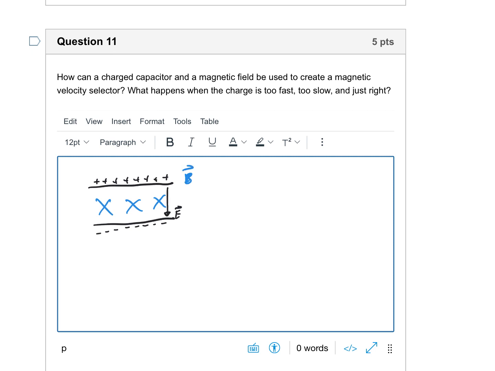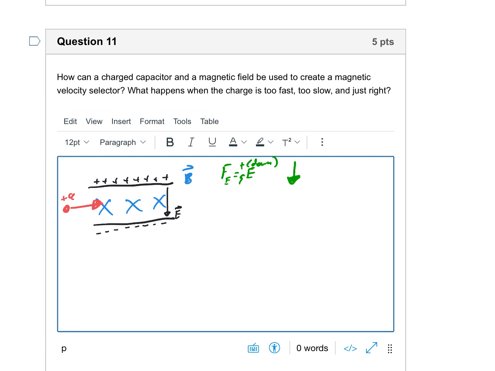So that when a positive charge is entering the region, it will experience two forces. Firstly, the electric force, QE, when you get positive multiplied by down, so I get down.